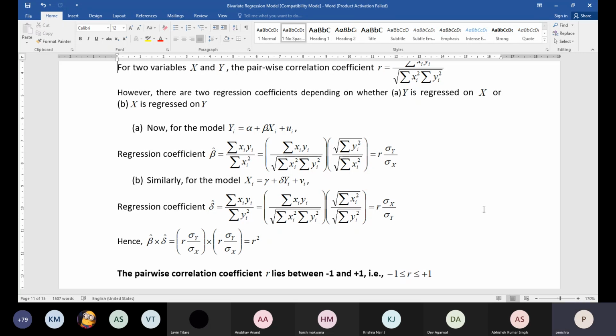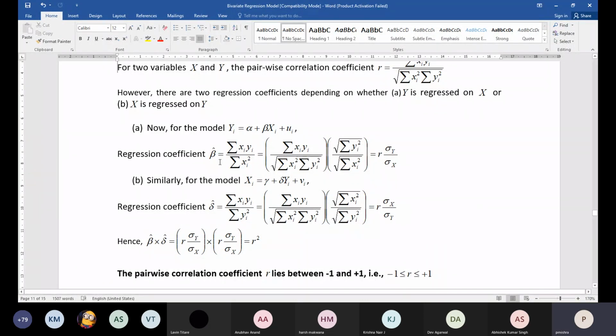Interestingly, if you see here, in a bivariate model, if the correlation coefficient is positive, the regression coefficient will also be positive.